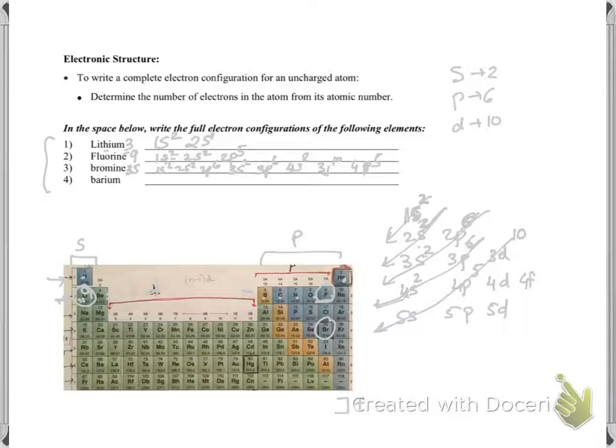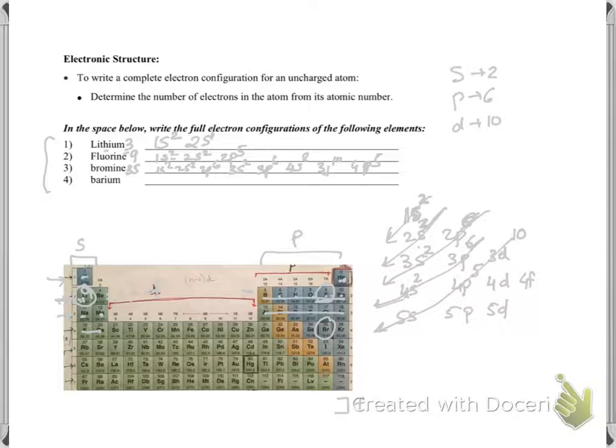If you have to do bromine, which is here, so 1s2, 2s2, now 2p, 1, 2, 3, 4, 5, 6, 2p6, third row, 3s2, 3p6, 4s2.